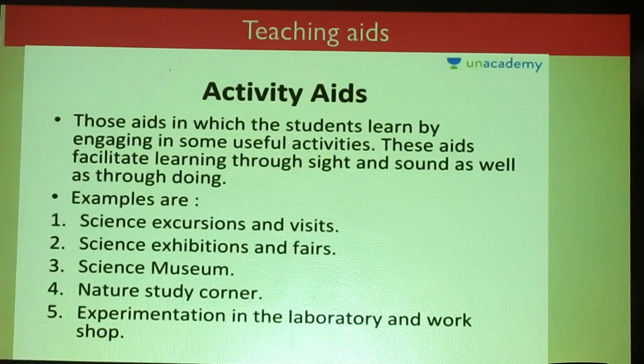So those are activity aids. Science excursions and visits: why are they teaching aids? Because they will aid in the understanding of a certain topic.